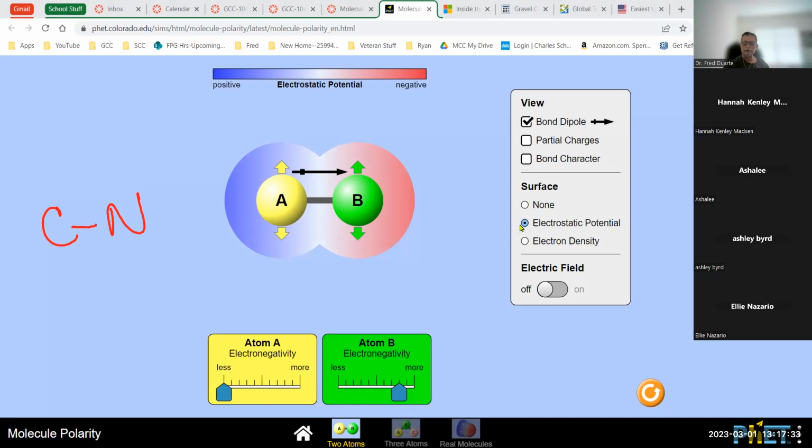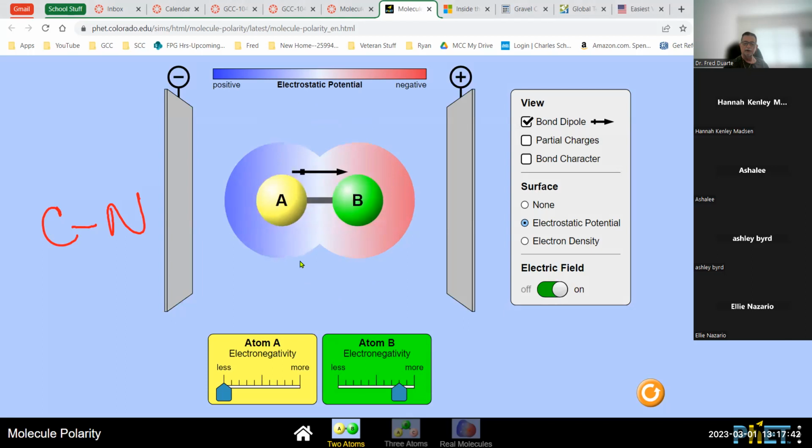Okay. Now, once we have a dipole, we can put an electric field around this. Remember J.J. Thomson, who discovered the electron, and he was able to put an electrical field with a positive and negative plate, which caused that beam to be deflected. Well, we can do the same thing here because there is a dipole. There's a partial positive and partial negative side.